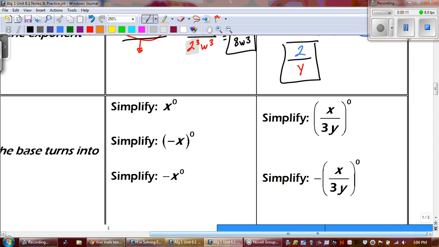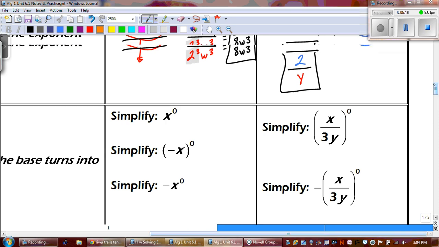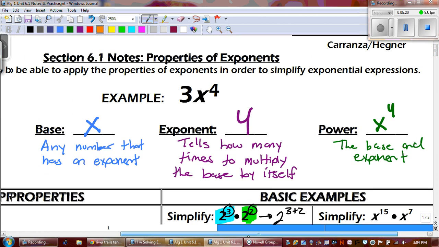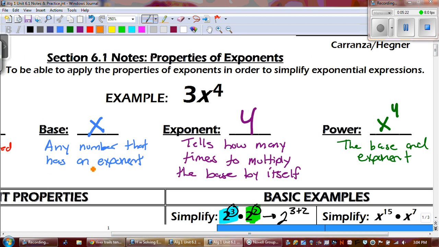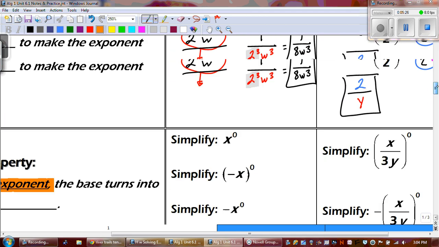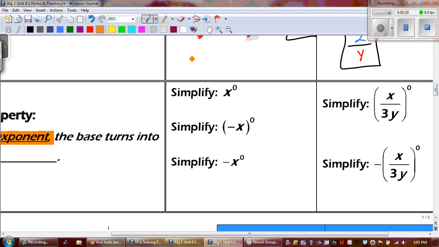But you have to be careful, only the base. And that's where we talk about our notes from the top up here. The base is any number that has an exponent, okay? So our base is 0, or is x.